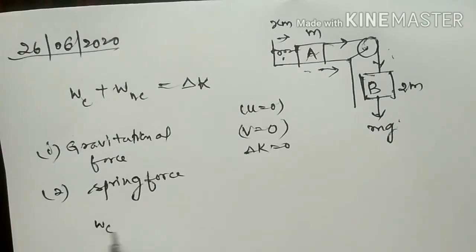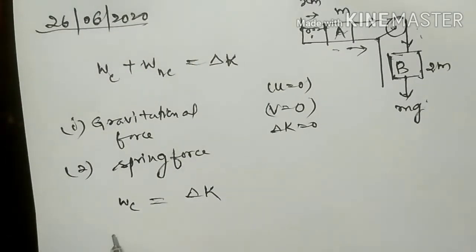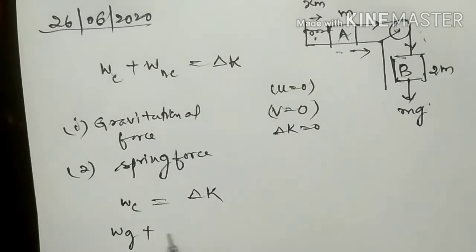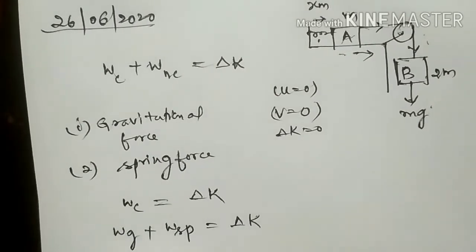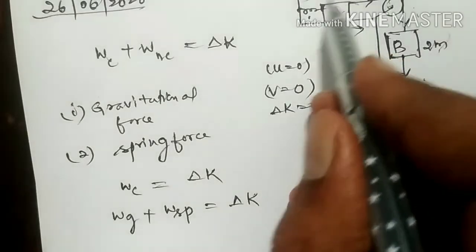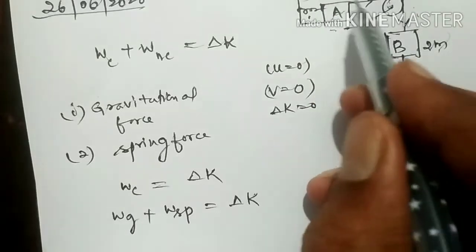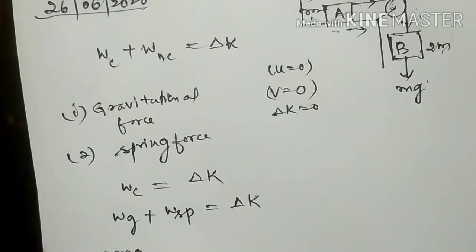So work done by conservative force must be equal to change in kinetic energy. What is the work done by conservative force? Work done by gravitational force plus work done by spring force is equal to change in kinetic energy. What is the work done by gravitational force? This 2m is going downwards. There is no effect of gravitational force on the other block.